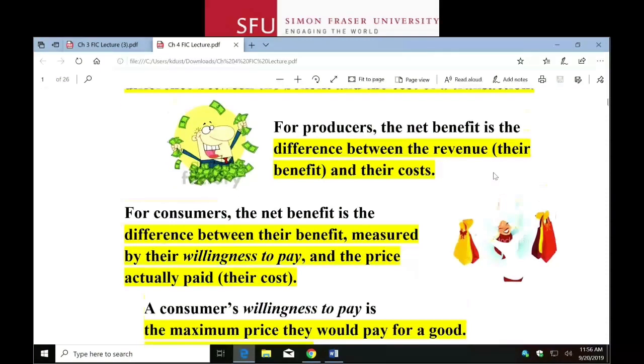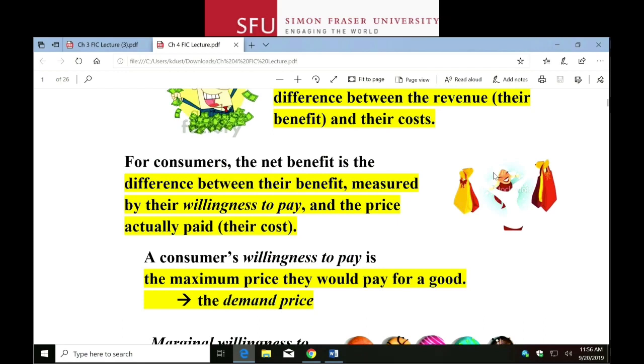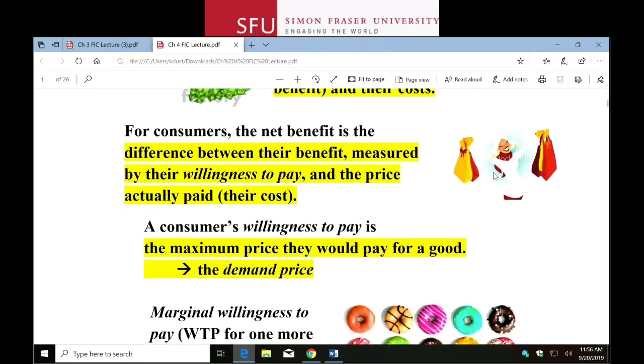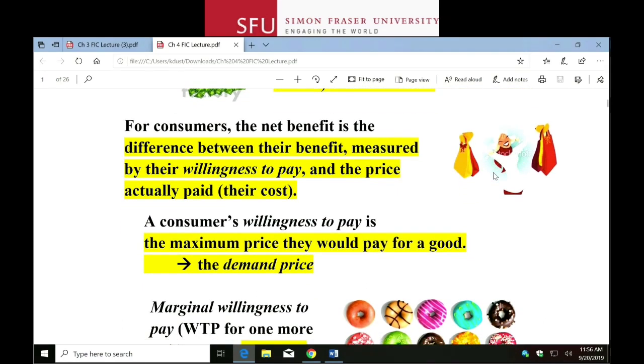Okay, so a consumer's willingness to pay is the maximum price they would pay, which is also called the demand price.